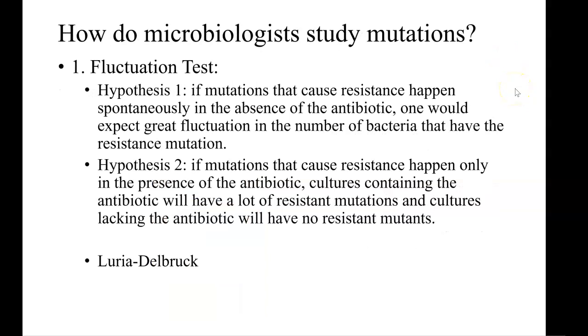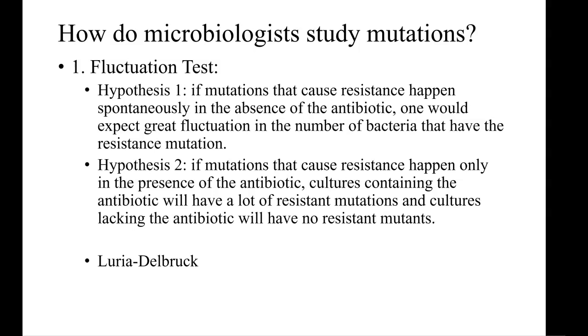That's good news for the bacteria if they have mutations. There were a couple of scientists, Luria and Delbruck, who wanted to determine how mutations that allowed resistance to antibiotics arose. They designed a fluctuation test to test two hypotheses. Hypothesis one was that if mutations that cause resistance to antibiotics happen spontaneously, then when bacteria are growing in the absence of the antibiotic, there's going to be a great fluctuation in the number of bacteria that have that resistance mutation.